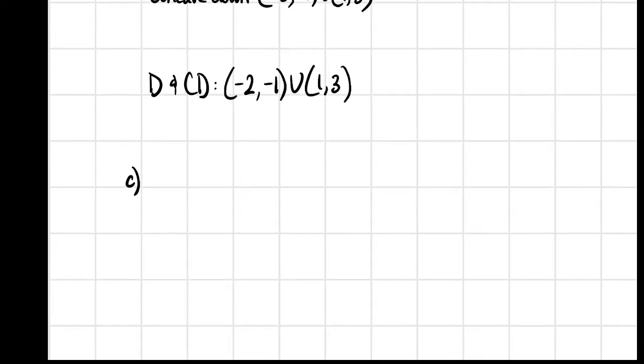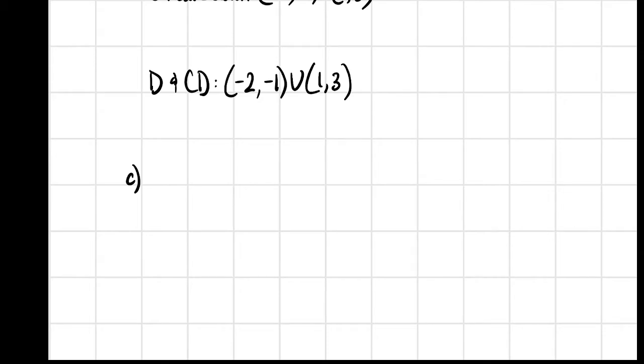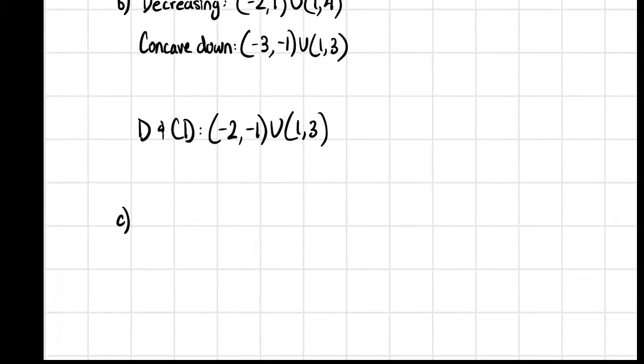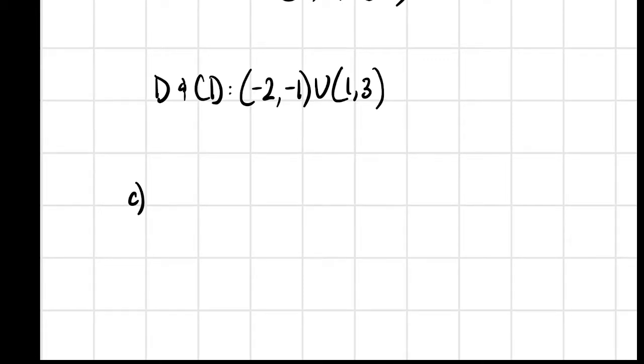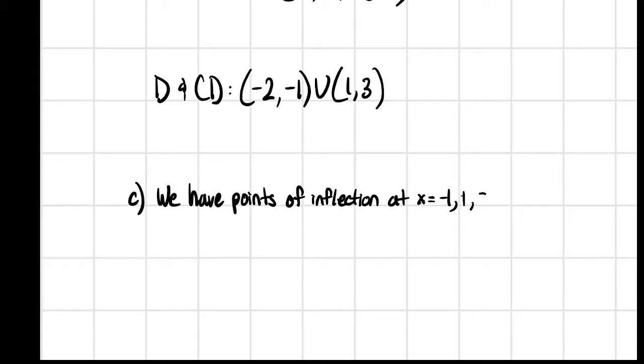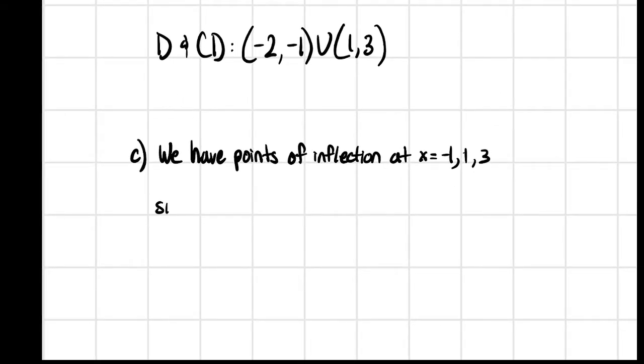So, yeah, I think all we have to do for this is say, I guess we have points of inflection at x equals -1, x equals 1, and 3, since f double prime at these points, I'm just doing a little shorthand, is equal to 0.